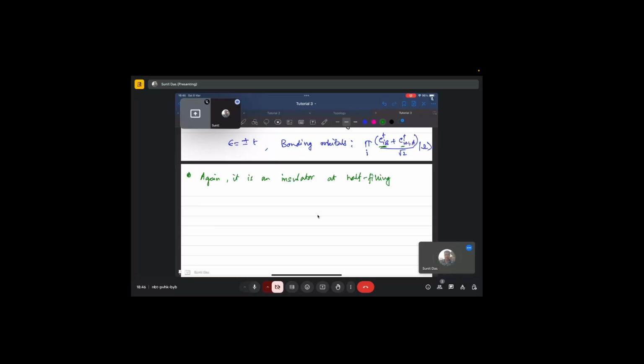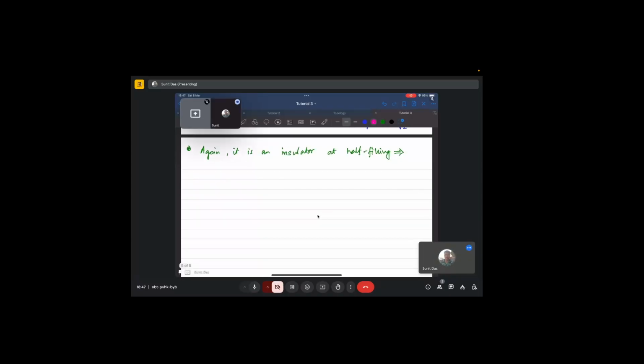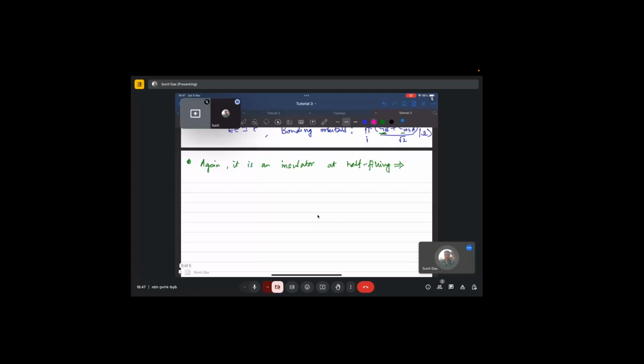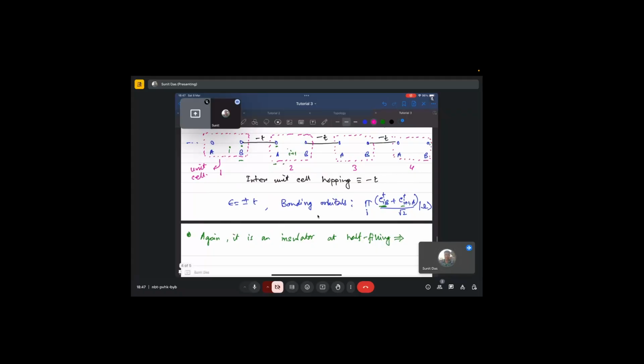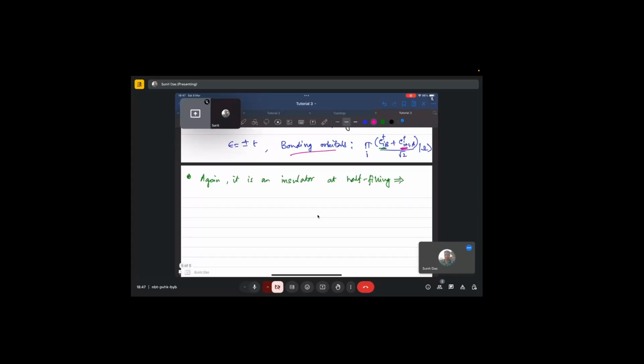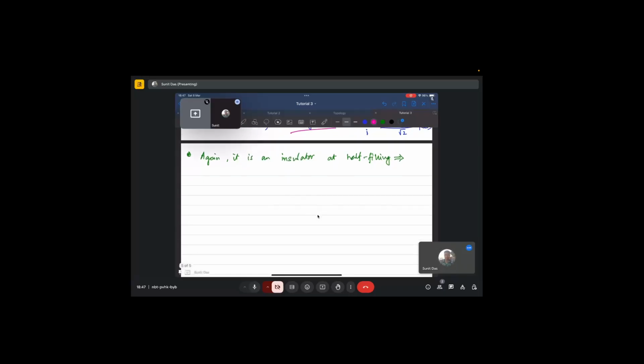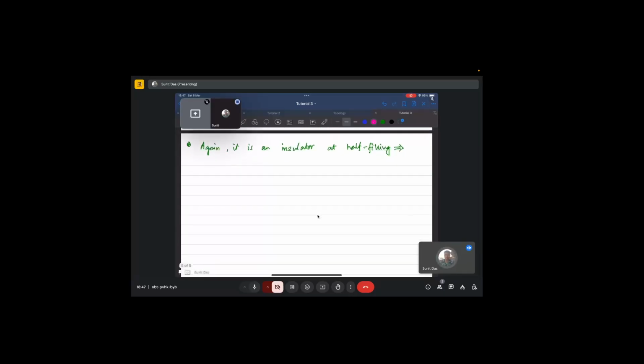Now the important difference is that it is a bit different, and you can already see the difference from this picture, in the hopping picture, as well as from this part. In the ground state or the bonding orbitals, now you have C_{i+1}A instead of C_iA. So the energy is the same as the previous case, but things are different now. So let's look at why this is different and how it is different.